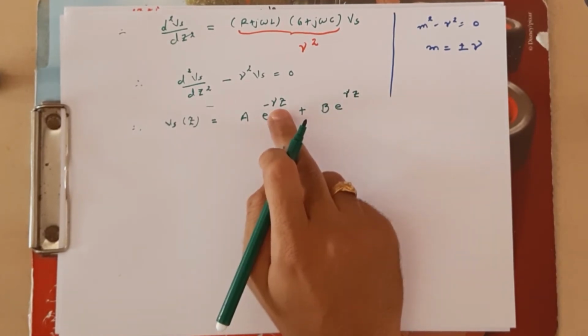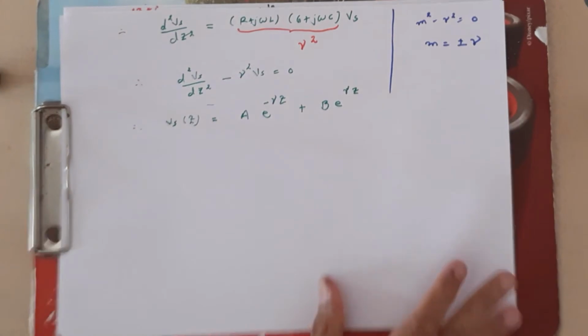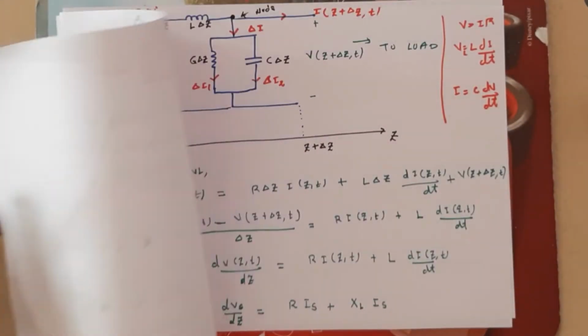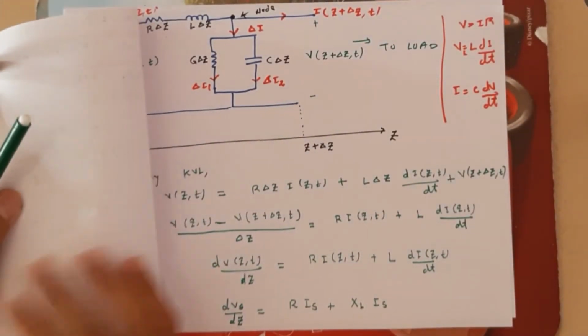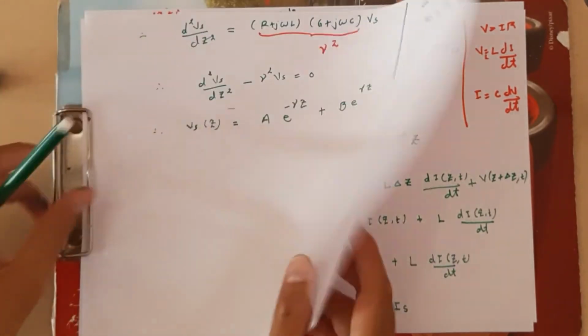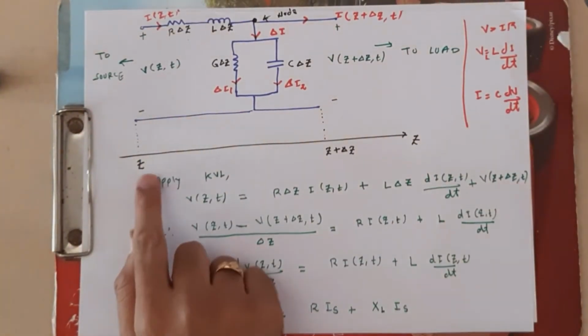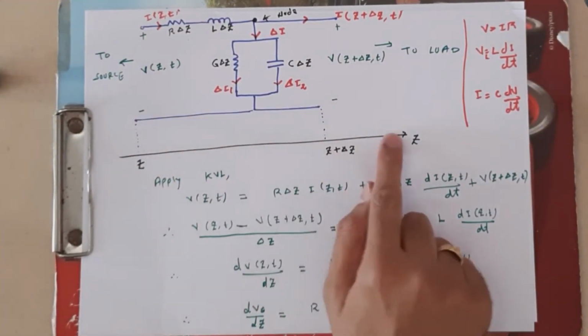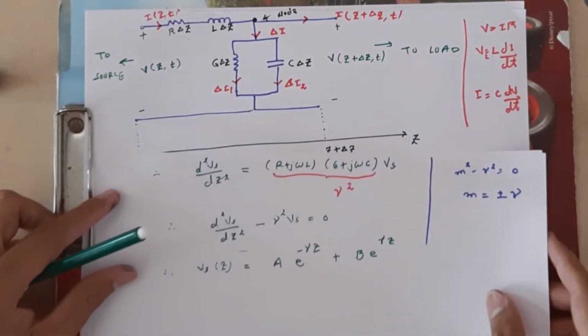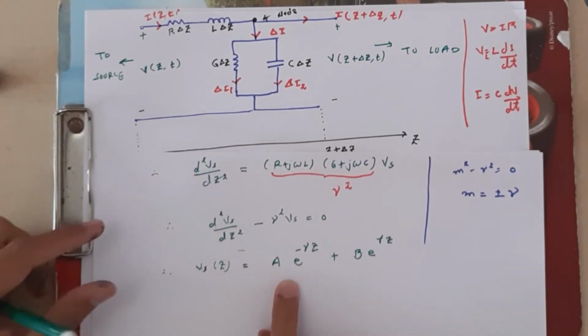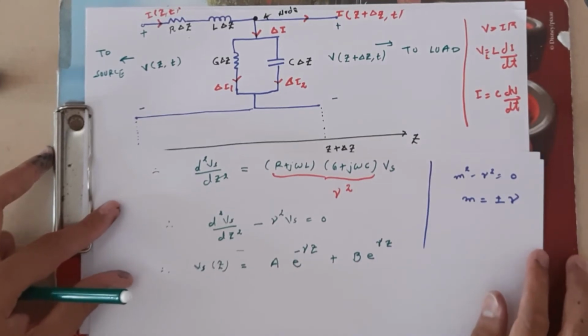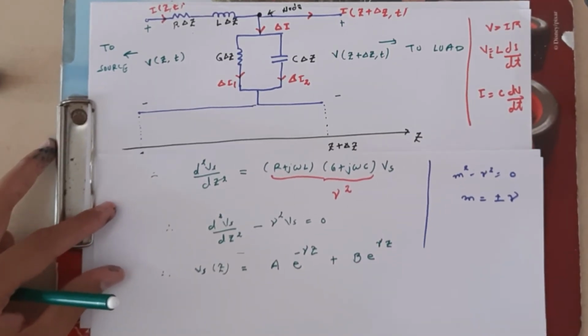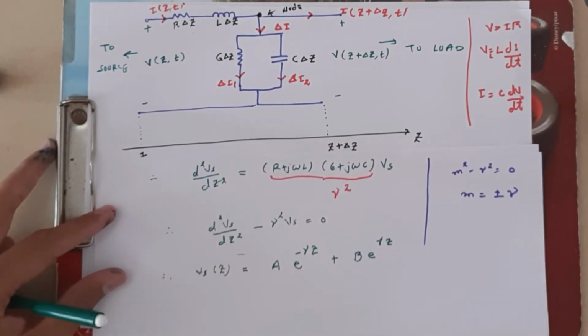Now the main thing is, what is Z? Z is nothing but this distance, from Z to Z plus delta Z. So which solution is valid for this case? We can say that both the solutions are valid. Now the question is how both the solutions are valid.